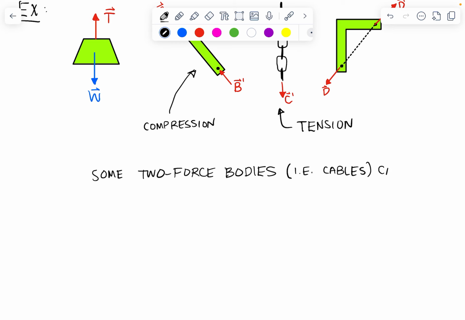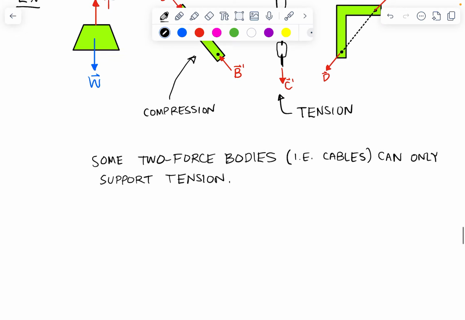And those can only support tension, right? I don't know if you've heard the old adage, you can't push a rope, but it's true. You cannot push a rope. Cables can only support tension.